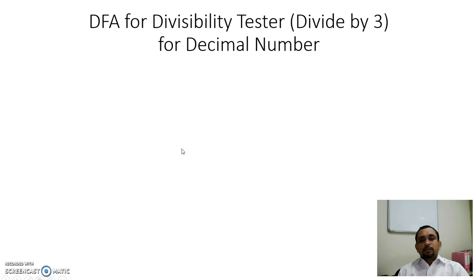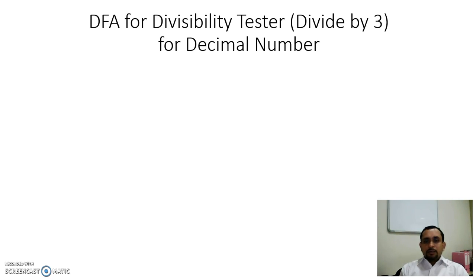Let's see the construction of DFA for divisibility test. We say that the number is divisible by 3 or n if the remainder is 0. But naturally, the total number of different scenarios arising out of any given number will be n.